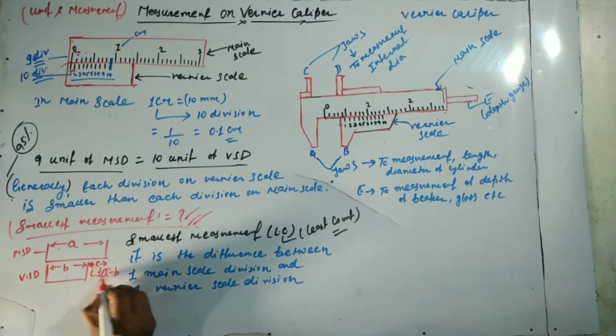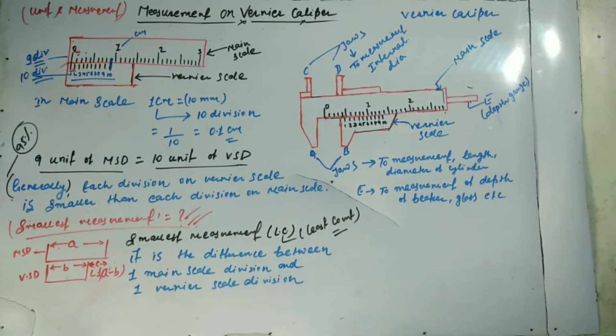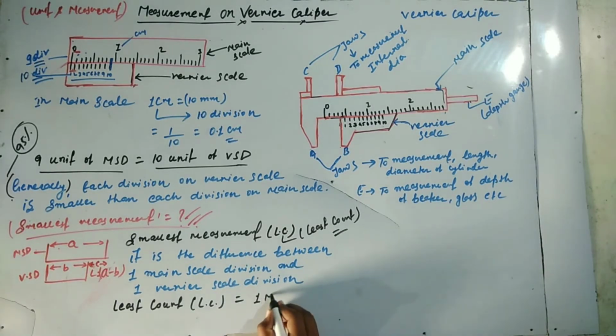C equals A minus B, which is equal to the least count. And least count will be LC equals 1 MSD minus 1 VSD.